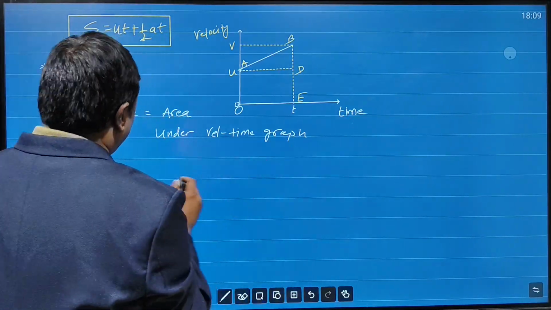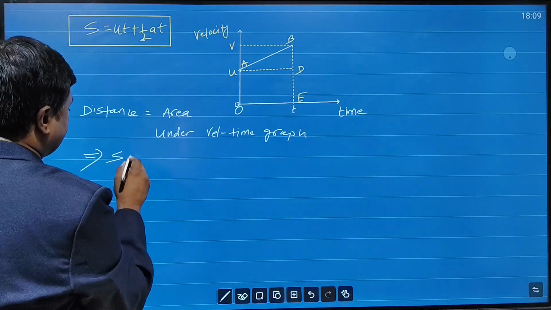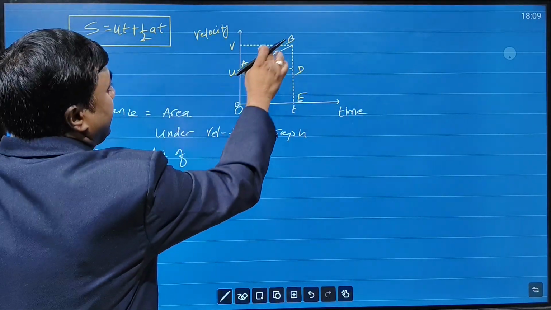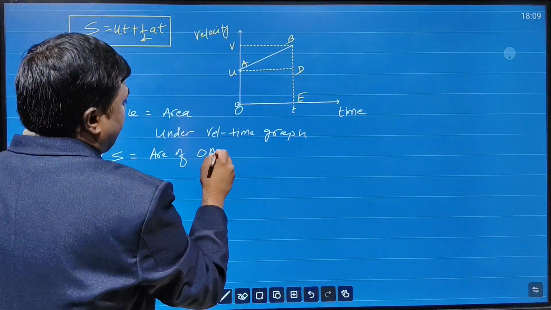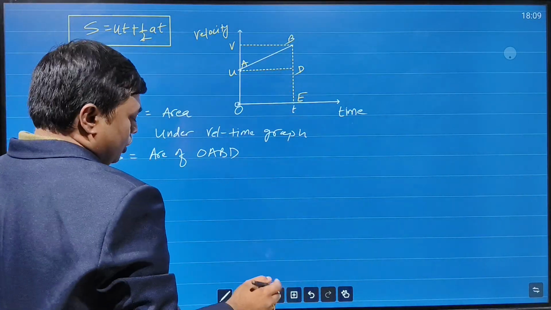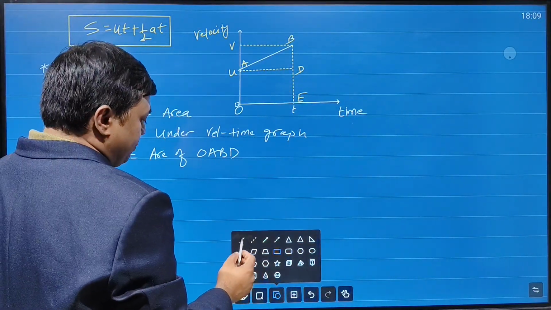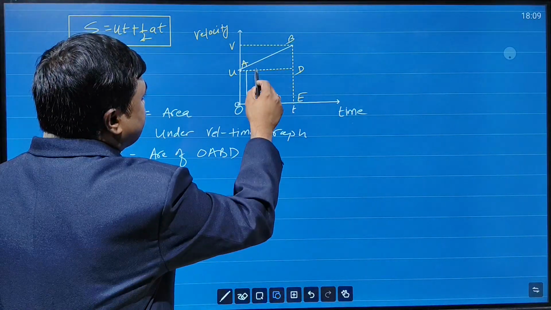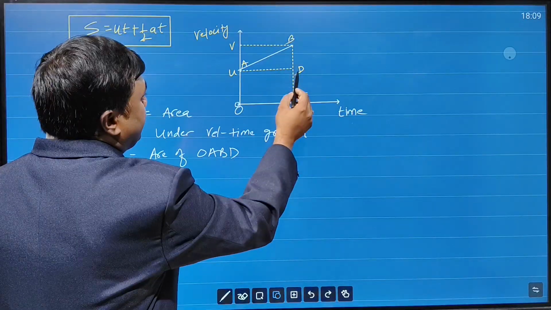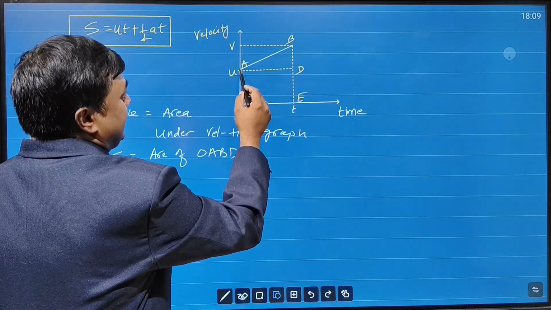So we can write AC is equal to the area of OABD. If you see clearly, OABD is made up of one rectangle, OADE, and a triangle, ABD.